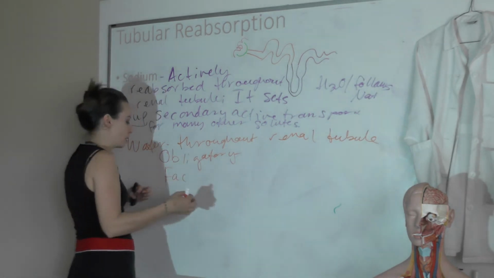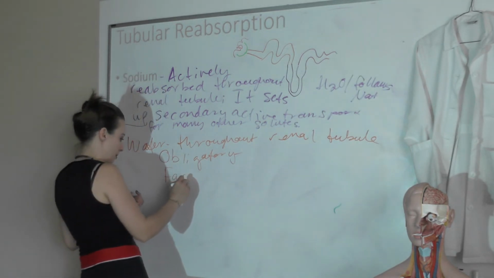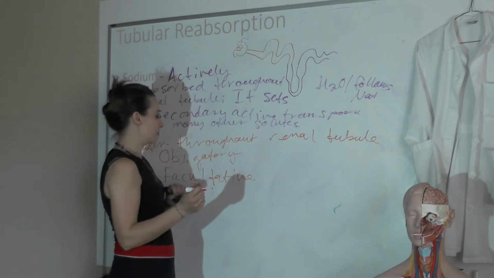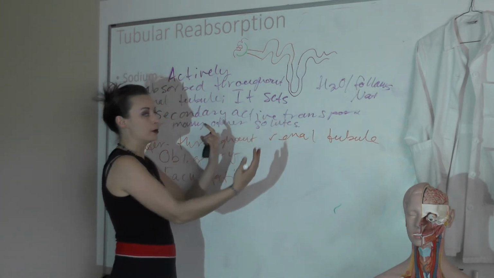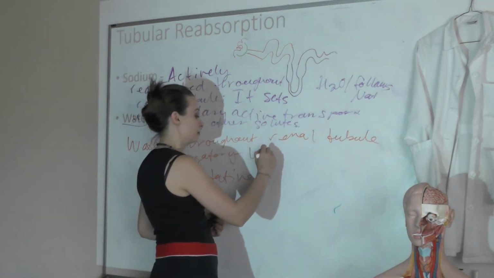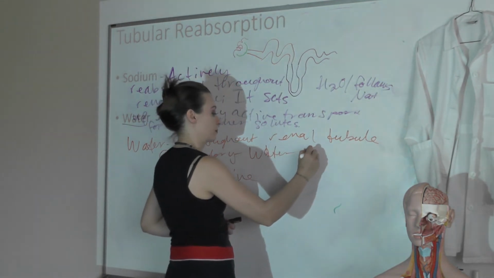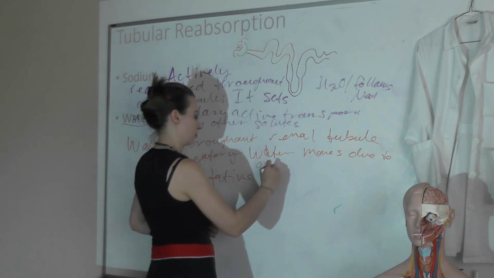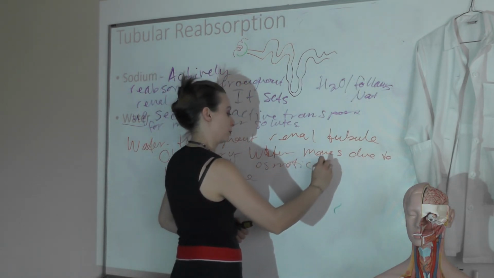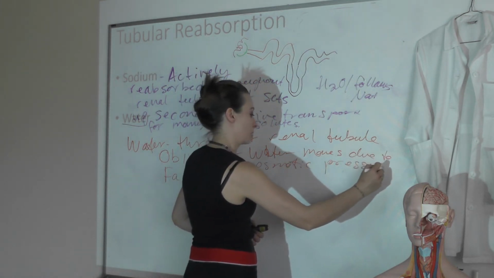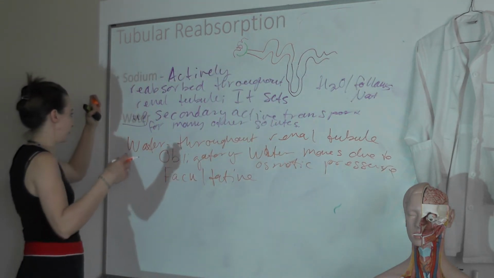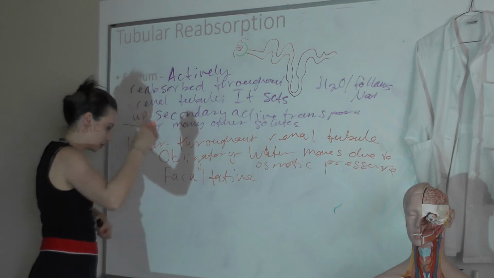Different books use different words. So facultative. And what happens in obligatory is water is obligated to move due to osmotic pressure. So it's obligated to go, it's obligated to follow sodium. Sodium hypertonicity makes things hypertonic.